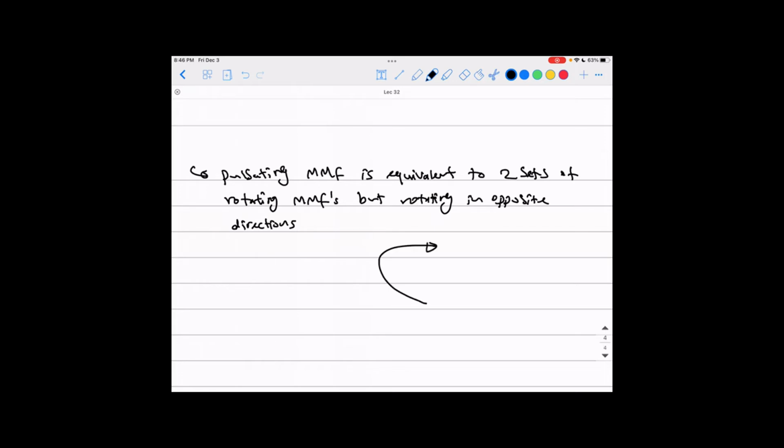If you have an MMF rotating with the synchronous speed in this way, and another one also rotating at the synchronous speed but in the opposite direction, the resultant speed of them will be just 0. So that is why the pulsating MMF has 0 speed. It does not rotate.